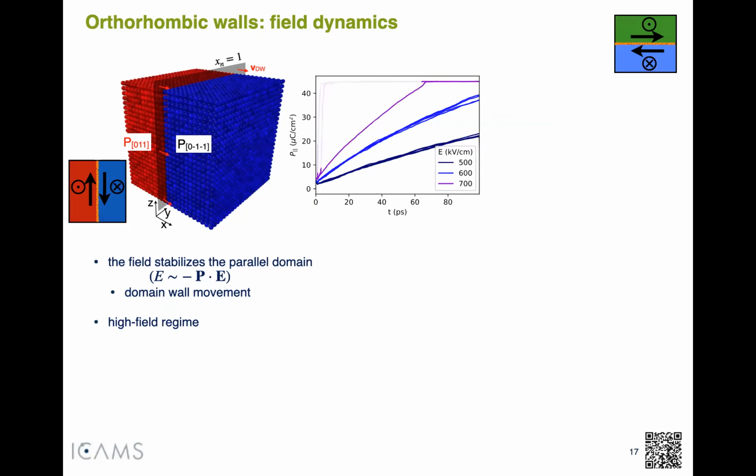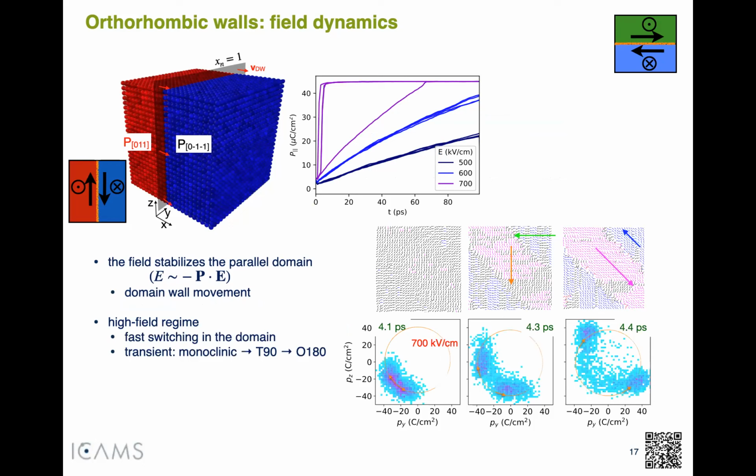Okay. Final slide, I will really hurry here. One thing I so far hid away is that in the case of the orthorhombic domain walls, you can also have a high field regime, where the movement of domain walls is not so relevant, but the system switches very quickly in the middle of the domain.